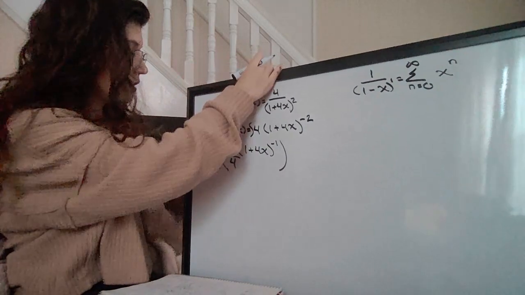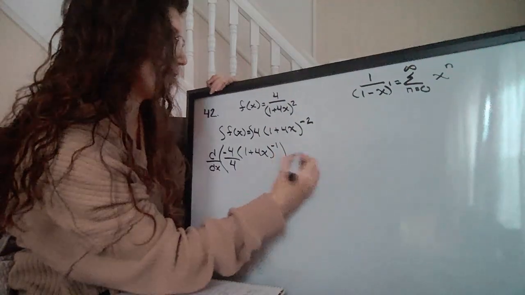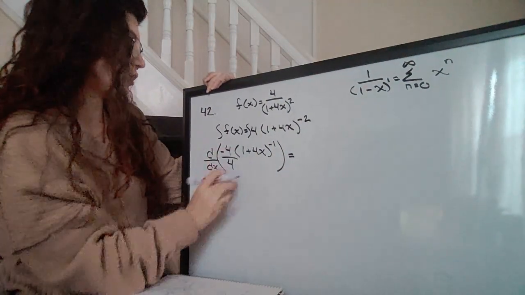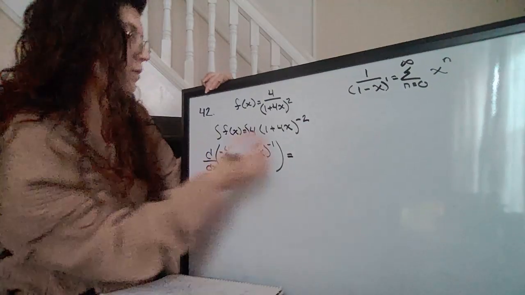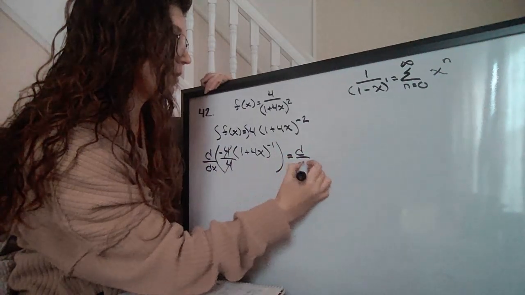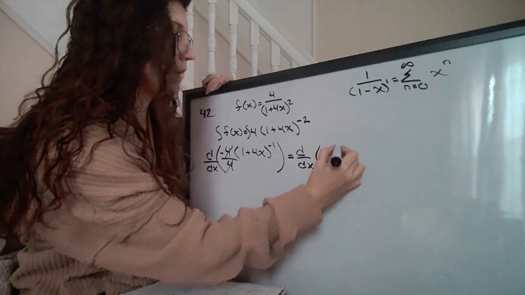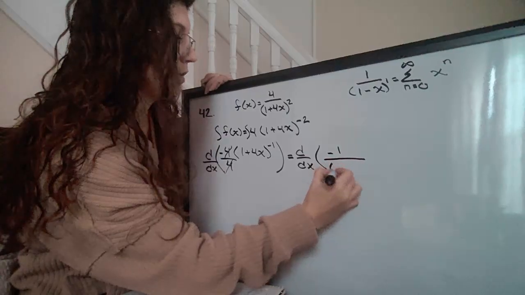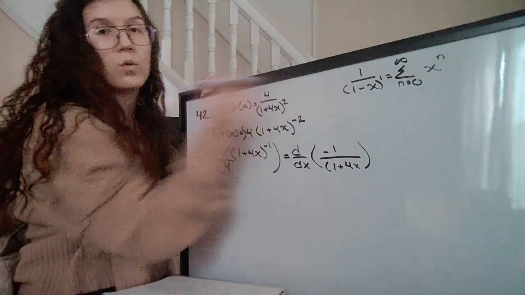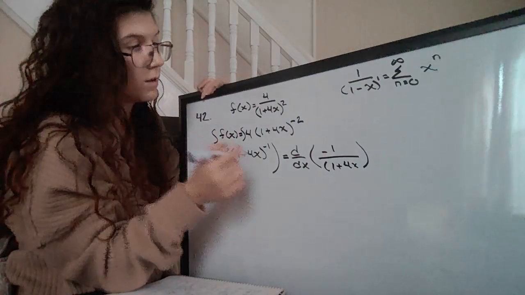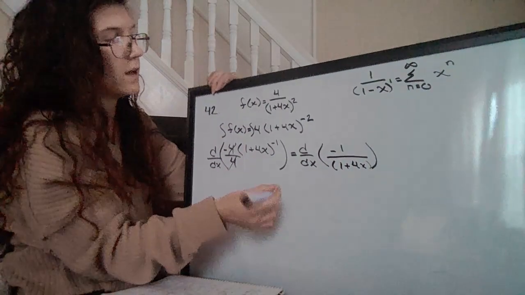All right, so I will rewrite this with some cancellation and moving this down, so our 4's cancel, and this would get moved down into our denominator. So this would end up being negative 1 over 1 plus 4x. And this looks a lot more like this form, which is lovely. We are a fan of that.